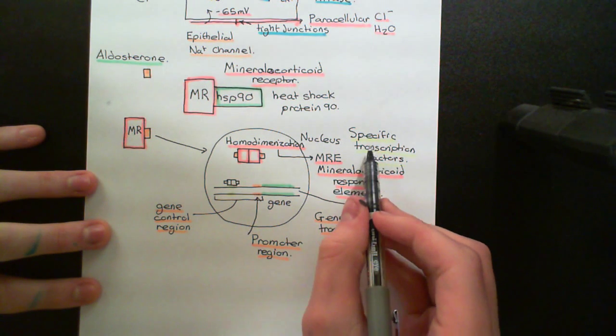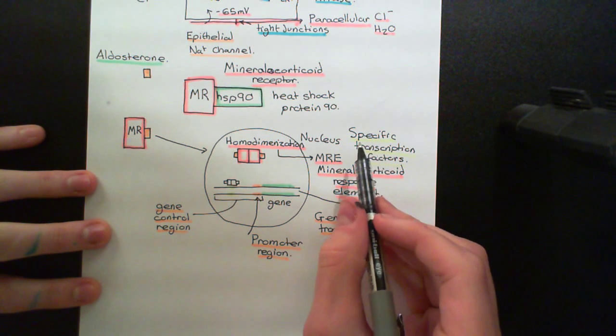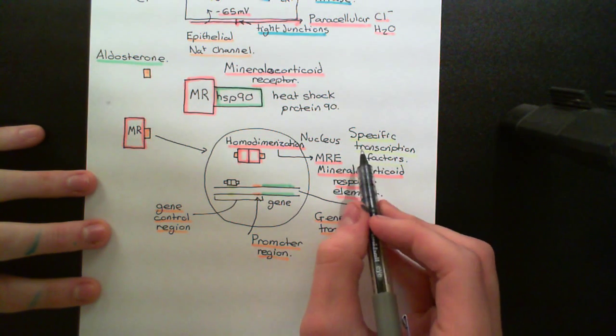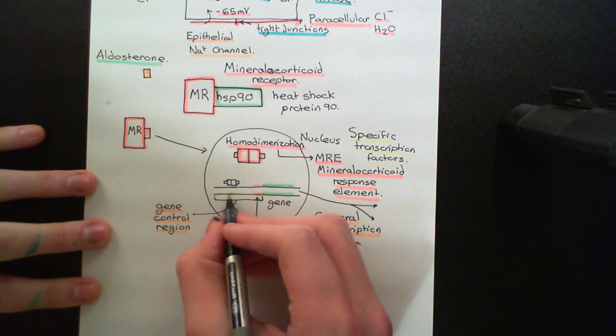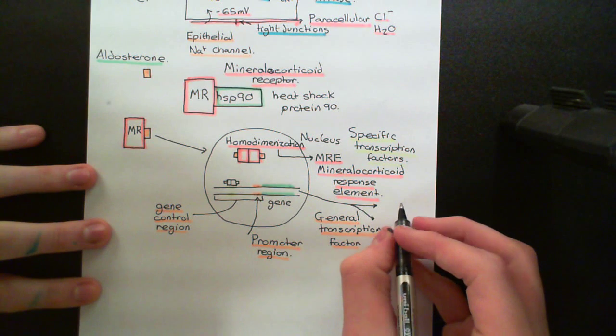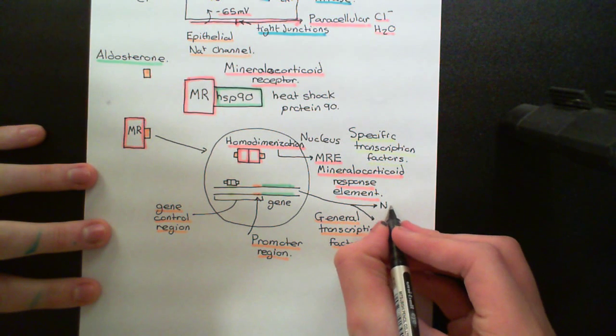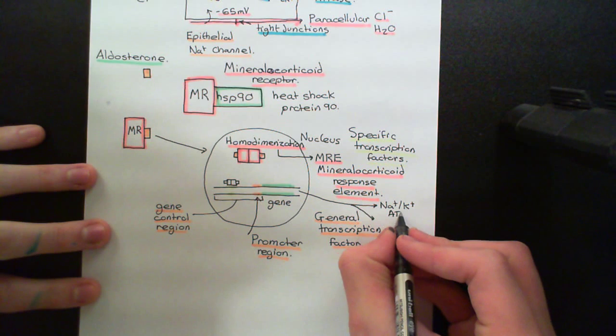It's not the case that one has to activate all genes or repress all genes. They can have different effects upstream of different genes. But some of the genes that are going to have their expression increased by the activated mineralocorticoid receptor in these cells are, of course, going to be the sodium-potassium ATPase, okay, and of course the ENaC channel.